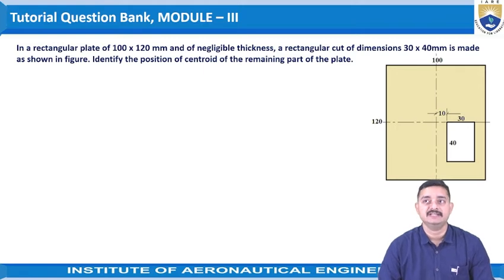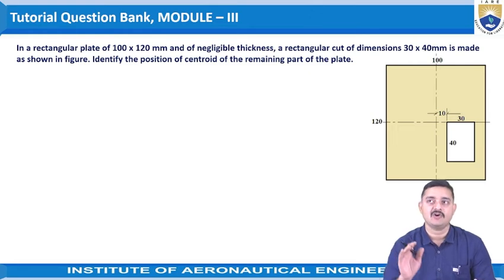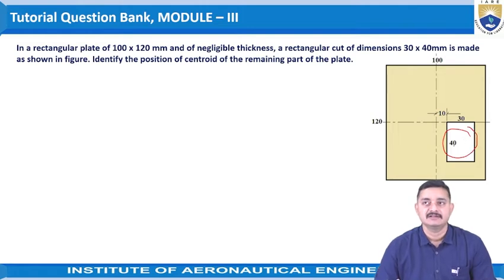Here there is a rectangular lamina given, and whatever color shaded area is the material available, and the non-color shaded area, which is this 30 by 40 size, is non-material. So it is a non-material shape.